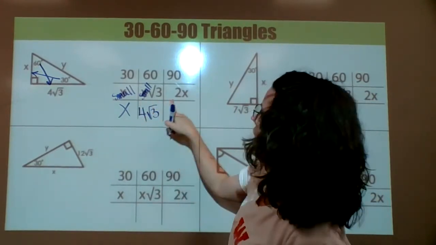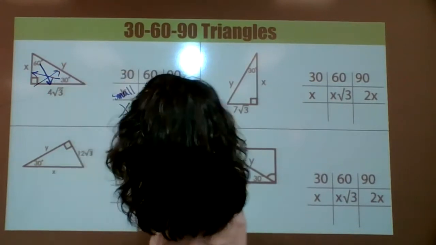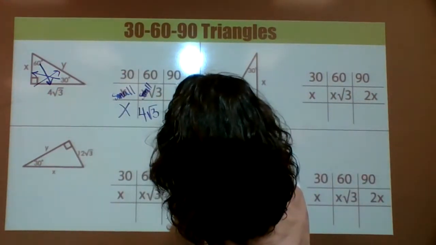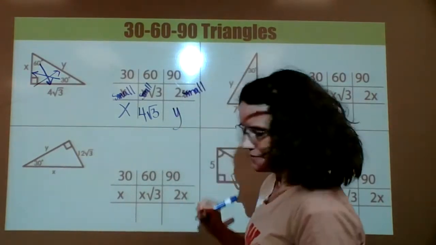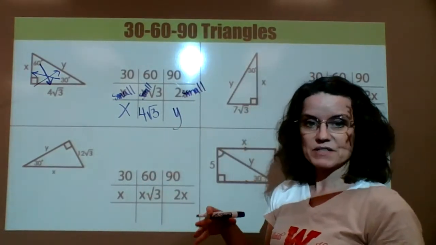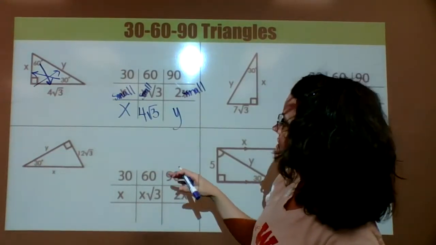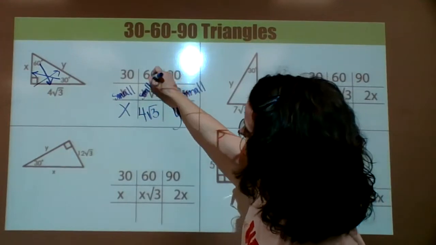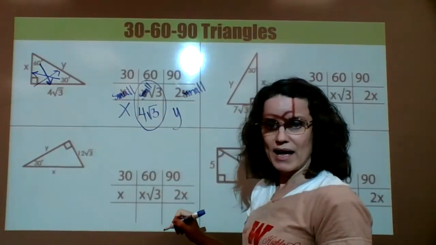And then the long side, my hypotenuse, is called y, and it's always 2 times the small side. And so now I can use this to set up an equation that helps me solve it. So I need to go and find, well, how big is my small side? Well, here in the middle is the only number I have.